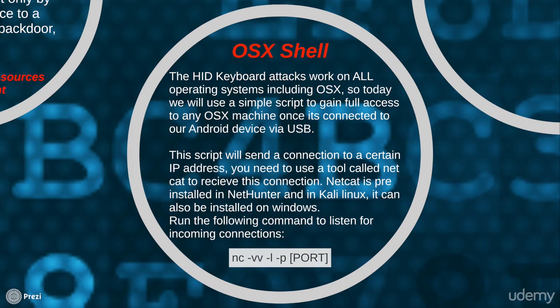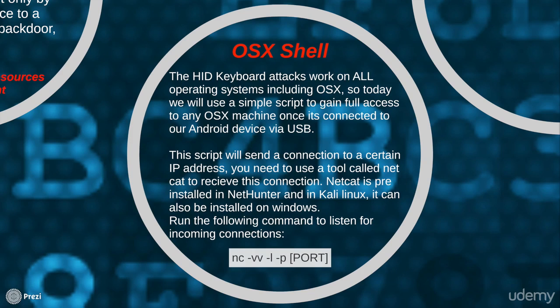So basically what we're going to do is we're going to launch terminal, we're going to run a command to connect to a certain IP, and this IP can be any device. So it can be a Linux, another Linux device, it can be a Windows device, it can be your NetHunter. All you need is a tool called Netcat to listen on a port. So before, when we were using Metasploit payloads, we were using Metasploit to listen for incoming connections.